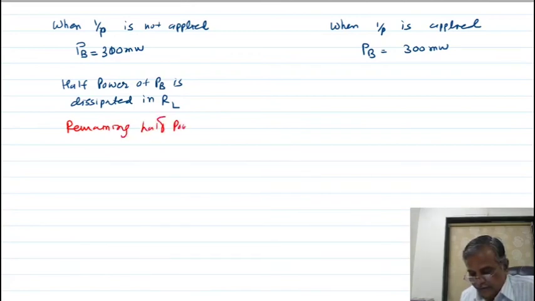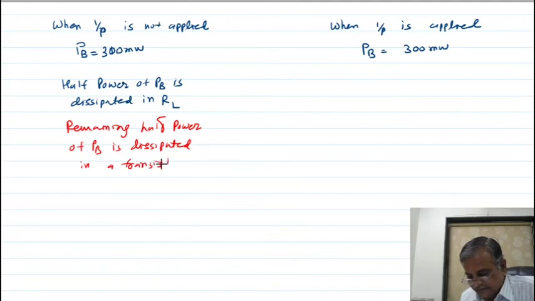half power of PB is dissipated in the transistor. This means here 150 milliwatt is wasted, and here 150 milliwatt is wasted.